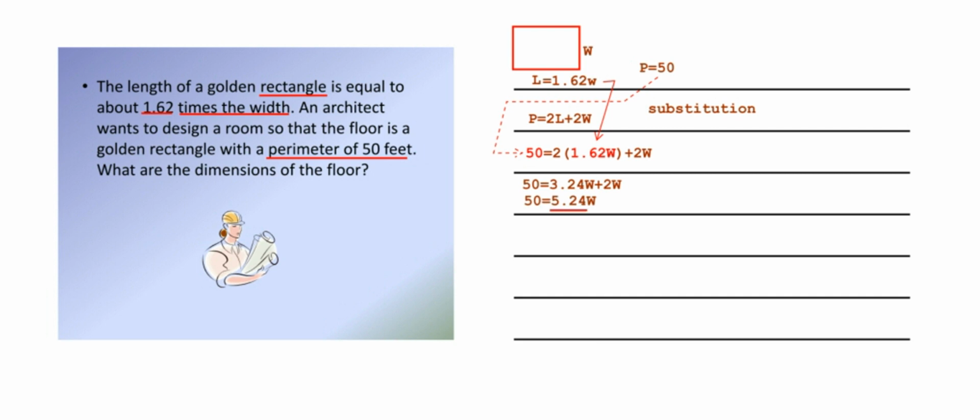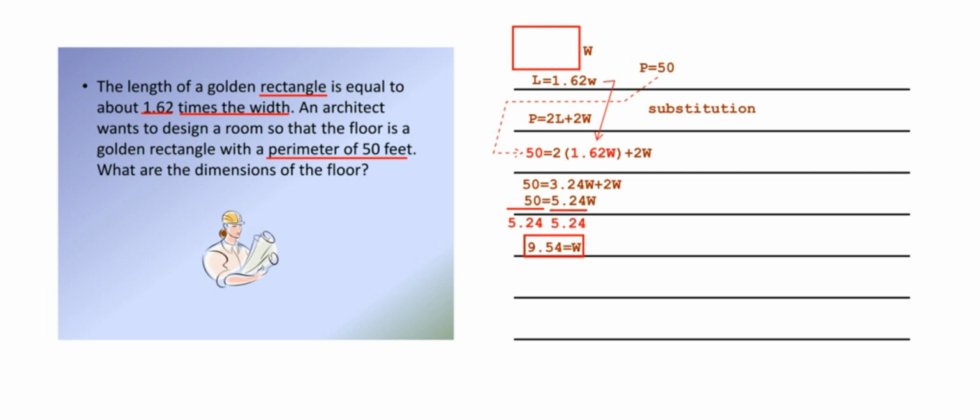You got it. So let's get rid of the 5.24 to solve for w. So divide by 5.24 since it's multiplying with the w. When we do the one side, we must do the other side of the equal sign also. 5.24 divided by 5.24 cancels out, leaving us with 50 divided by 5.24 is 9.54, agreed? And there's our w value.